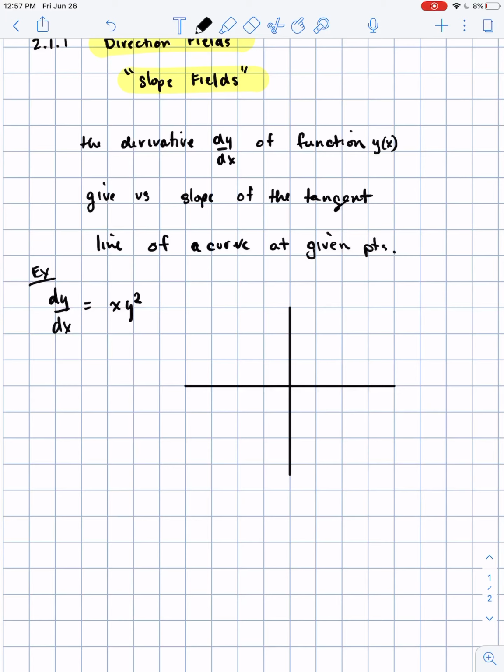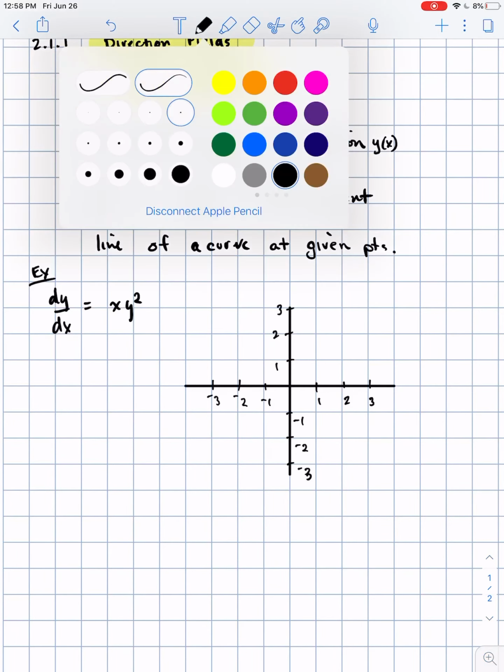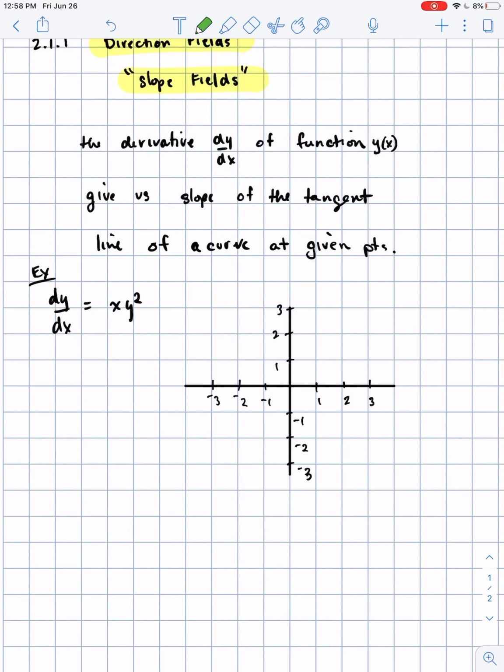Okay, so let me just mark off. Let's look at the x-axis. On the x-axis, just think of plugging in y to be 0 into our differential, and this would give us a slope of 0.